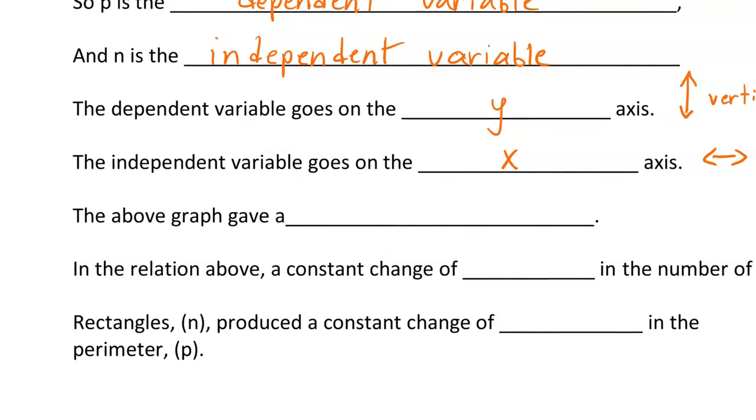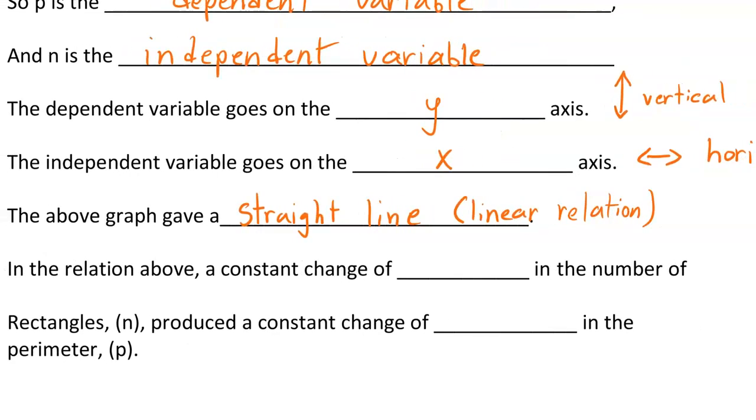The above graph gave a straight line, so if it gives a straight line, we know that it created a linear relation. In the relation above, the constant change of 1 in the number of rectangles, n, produced a constant change of 2 in the perimeter, p. And we know that's true because of the table that we looked at, because of the words that we wrote out describing the table and the equation, and we also know that's true because of the graph that we created.